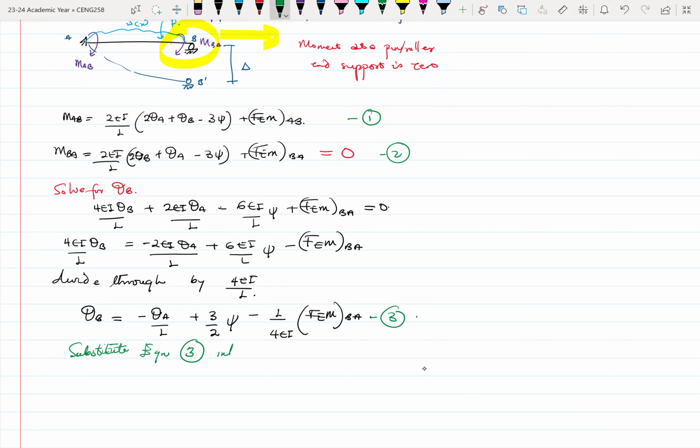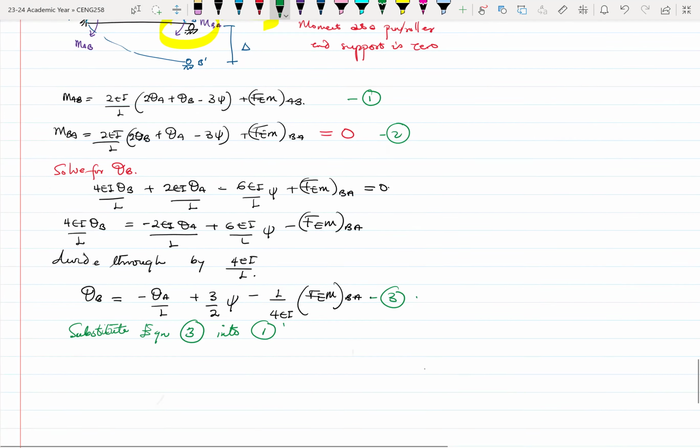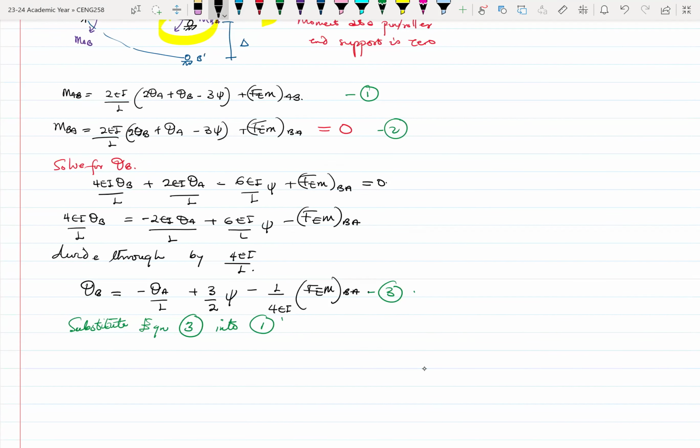All right. And then what that will do is that our MAB, if I expand, wherever I see theta B, I put this long equation in there, all right?